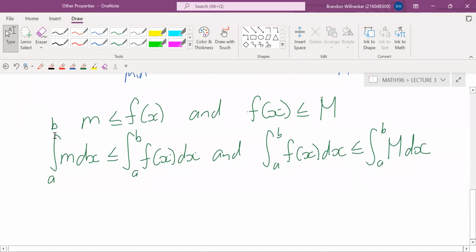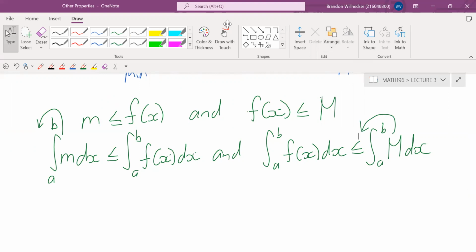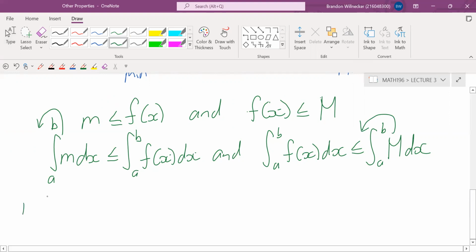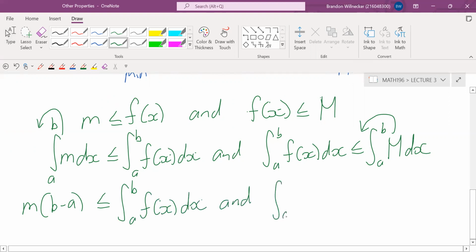Okay, and now we're going to use some other properties. Remember that this m can be taken out of the integral because it's a constant, this one as well. And then the integral from a to b dx is just the width of the interval. So this is m times b minus a is less than or equal to the integral from a to b f of x dx, and the integral from a to b f of x dx is less than or equal to, again, same argument as before, capital M times b minus a.